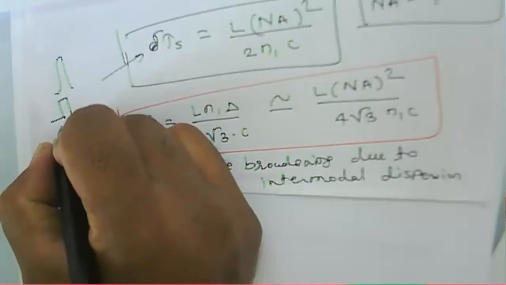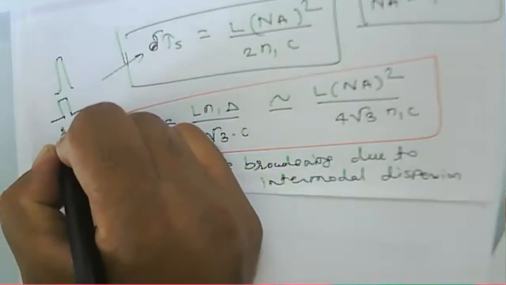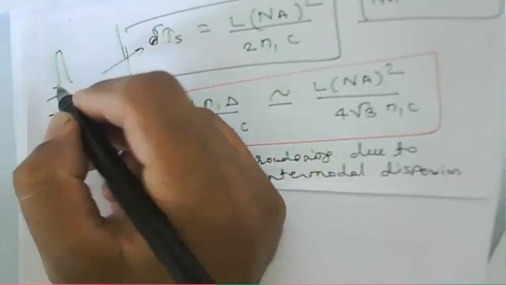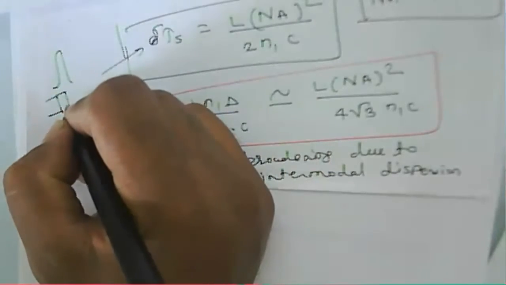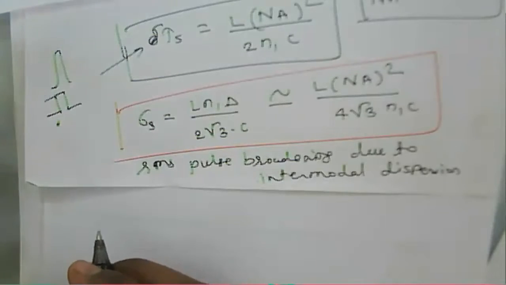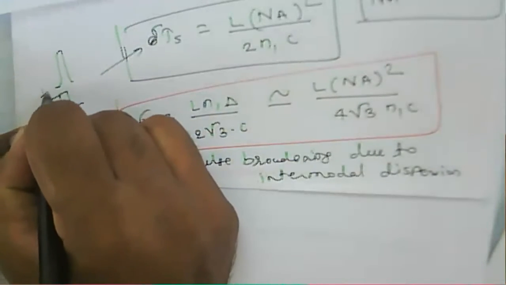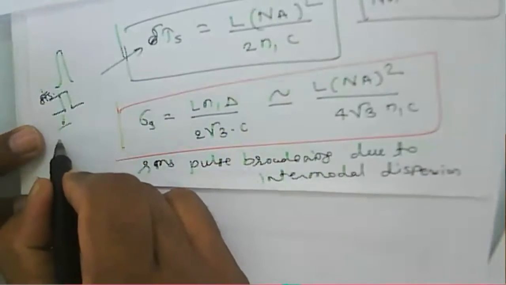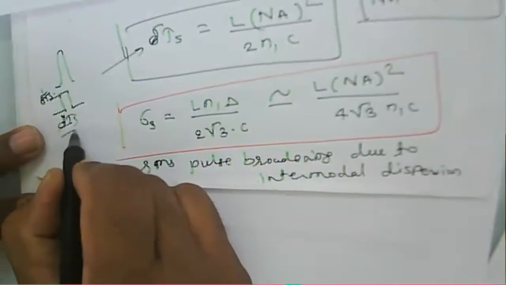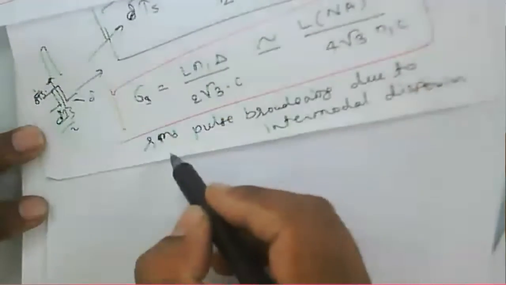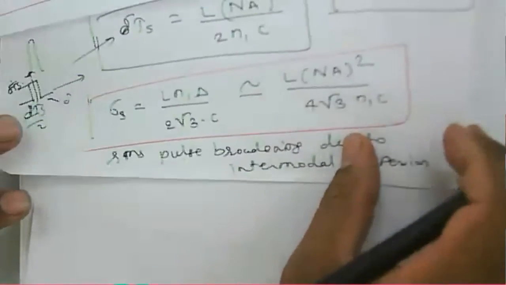So we can write the function with respect to time and amplitude here. This is 1 by del Ts, and this is del Ts divided by 2, and this is del T, the amplitude with respect to time. If you integrate here, you'll get the RMS pulse broadening.